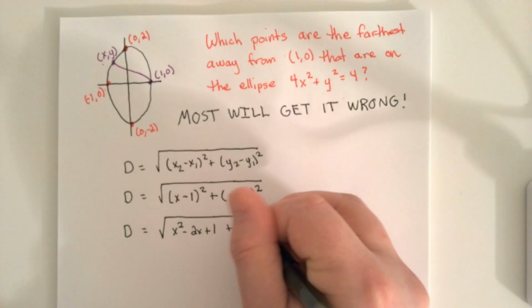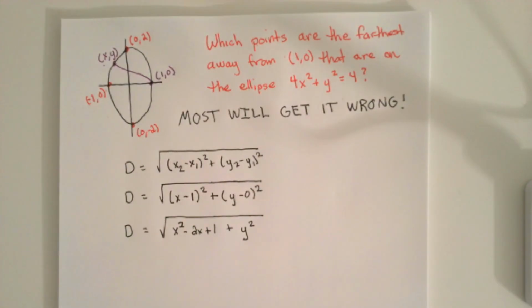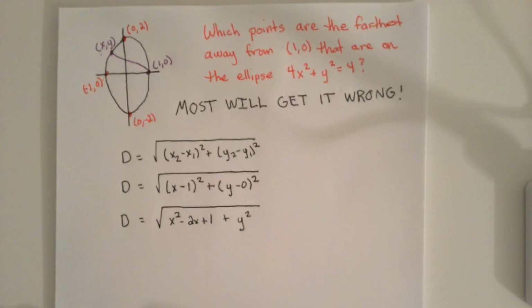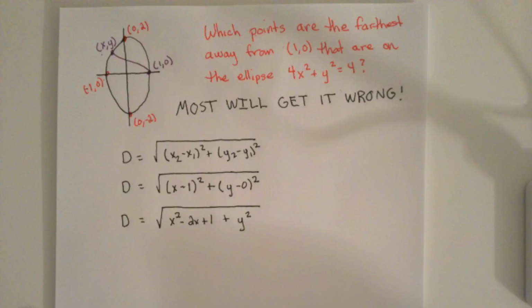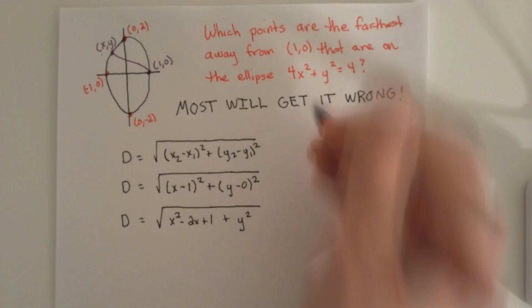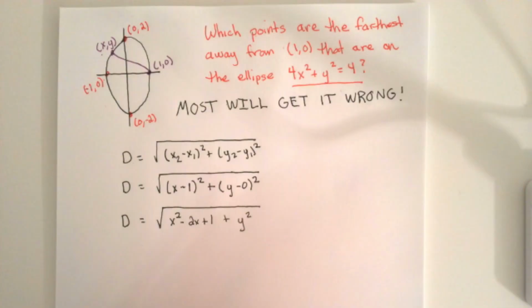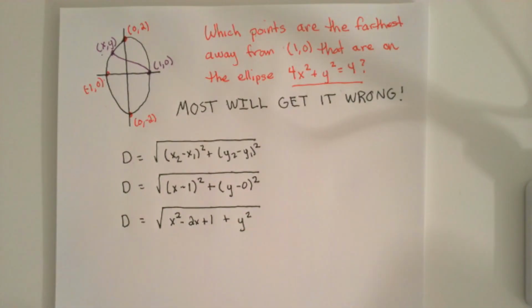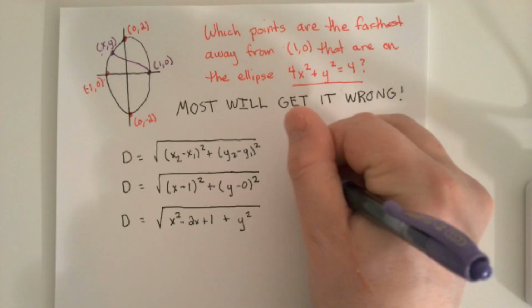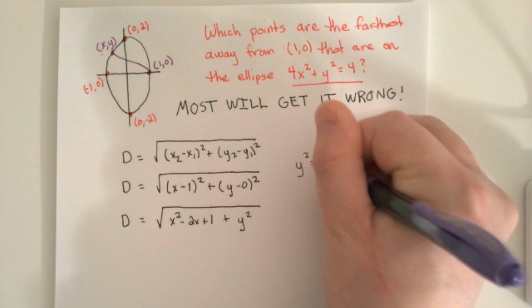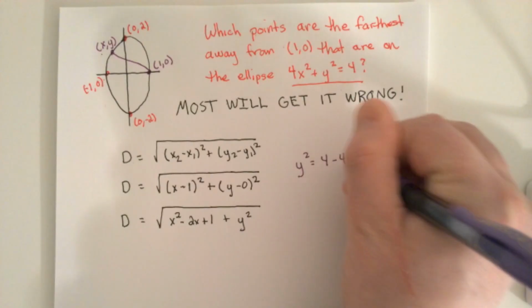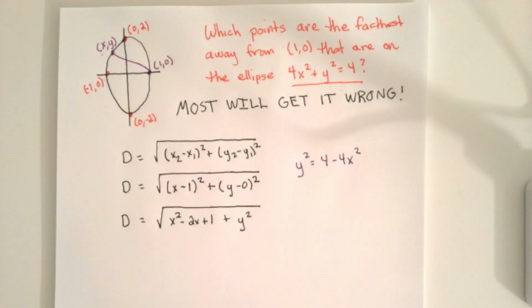Well, that's just y squared. And that's really the key to the problem here, because we know what y squared is from the equation up here. We know that y squared is equal to 4 minus 4x squared.